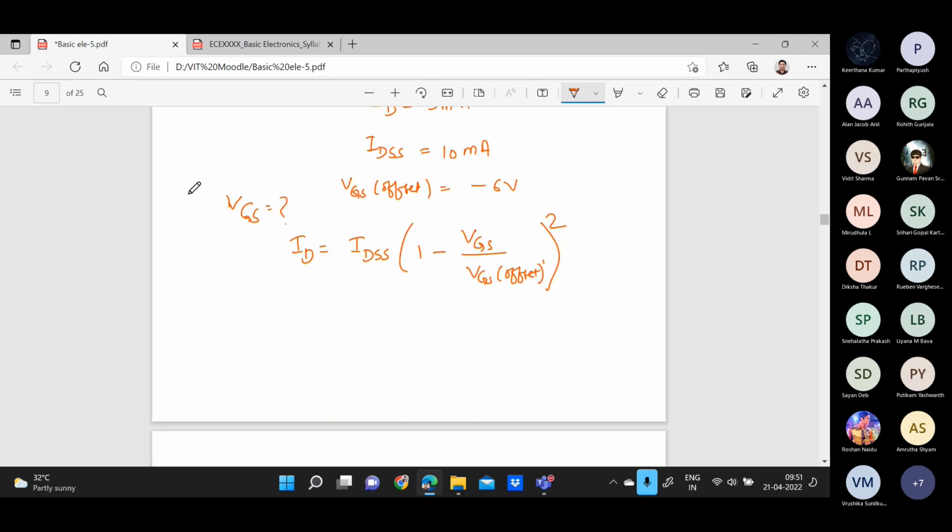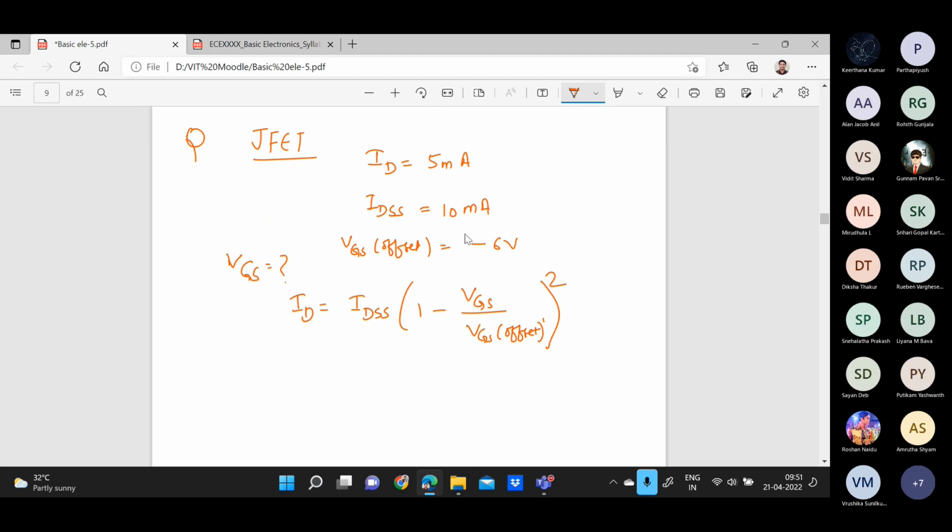Both are the same thing. So if it is given offset, you can assume this is VP, and then you can use the formula IDSS (1 minus VGS divided by VP) whole square. Now you have ID, you have IDSS, VP also is there. Can you find out the value of VGS?